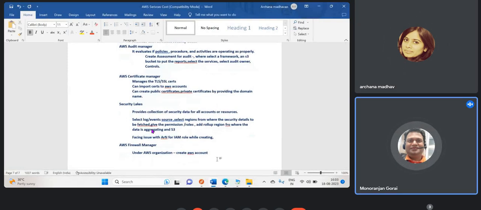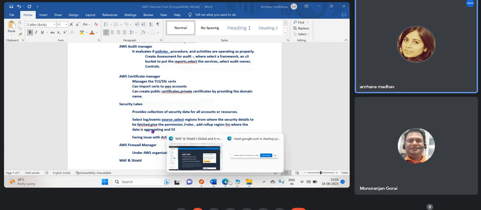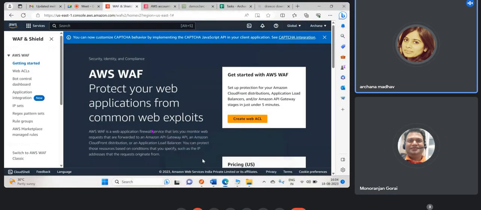See, I will give you a concept for WAF. I think this is basically for application security, where we can provide DDoS kind of security and all.